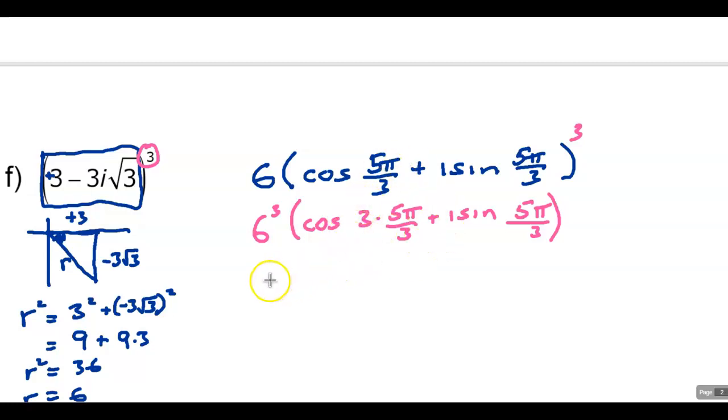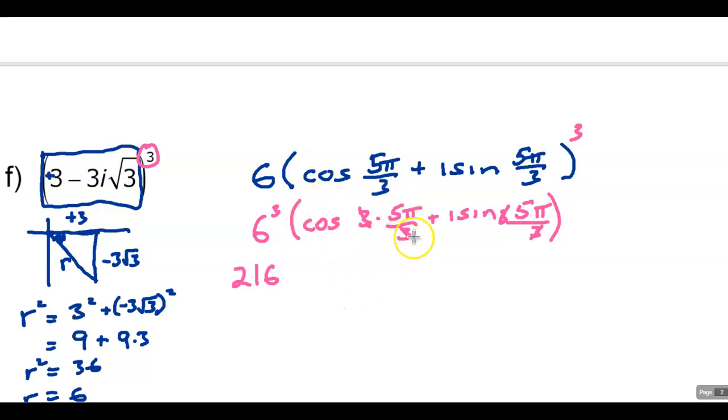Otherwise, you just get a big number for your degrees. So we have 6 times 6 times 6, which is 216. And these 3's will just end up canceling out. Oh, I forgot the 3 there. There we go.